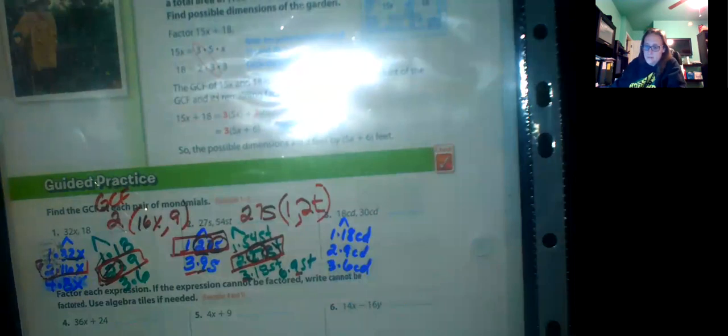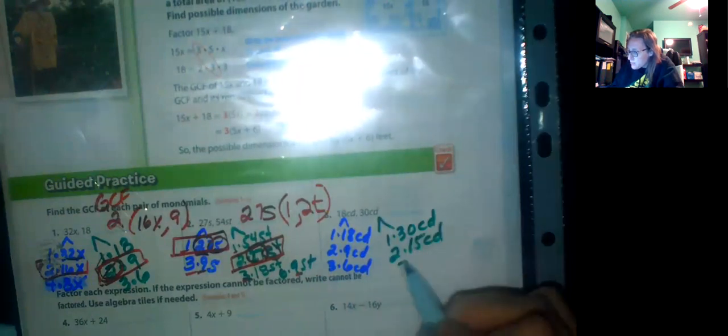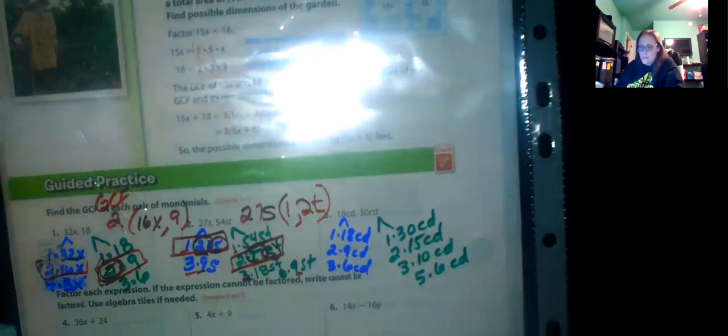Okay. 1 times 18cd, 2 times 9cd, 3 times 6cd. You'll get better at finding your math facts, but use your multiplication chart if you need it. Okay, so 1 times 30cd, 2 times 15cd, 3 times 10, and 5 times 6. So then what's the biggest number they have in common?